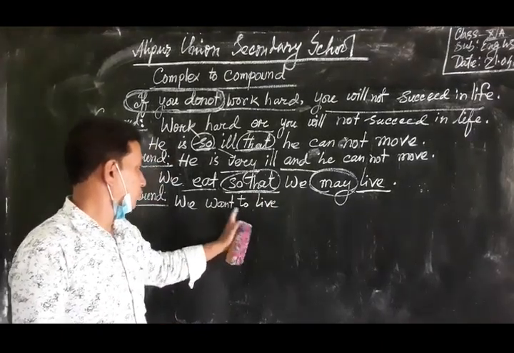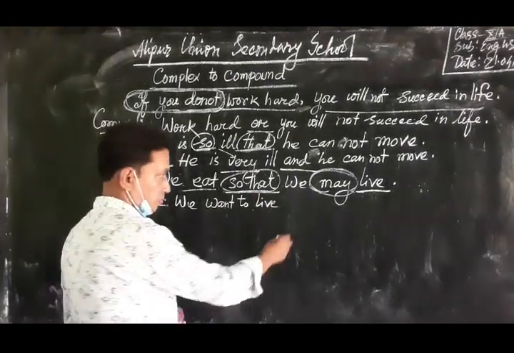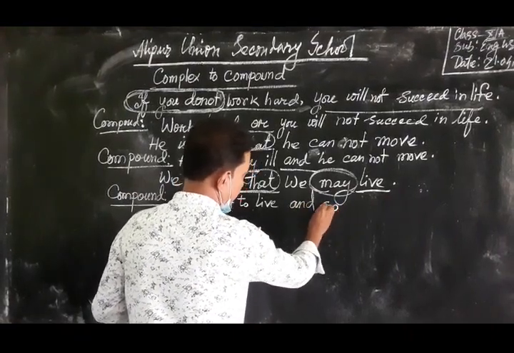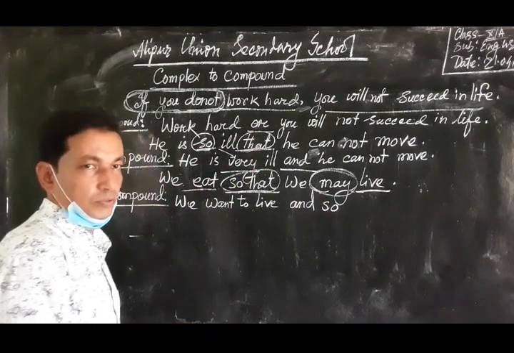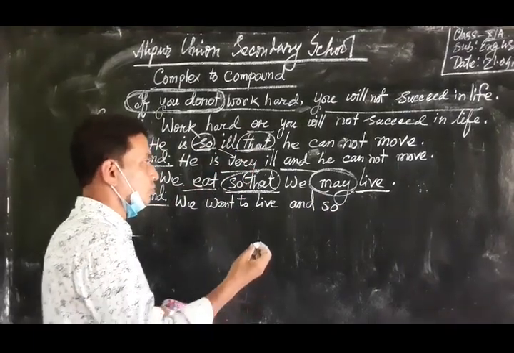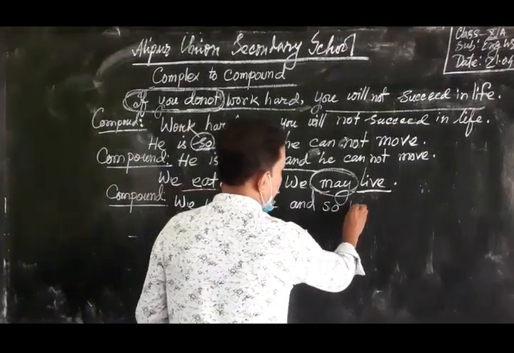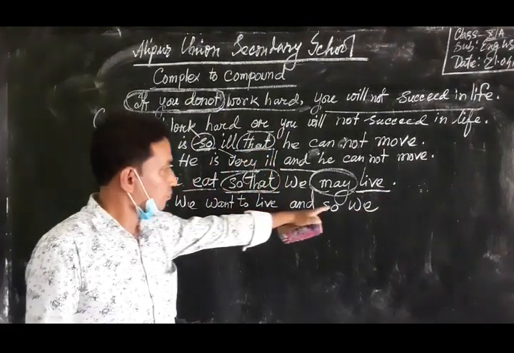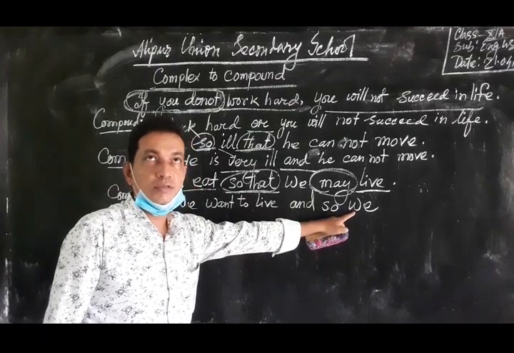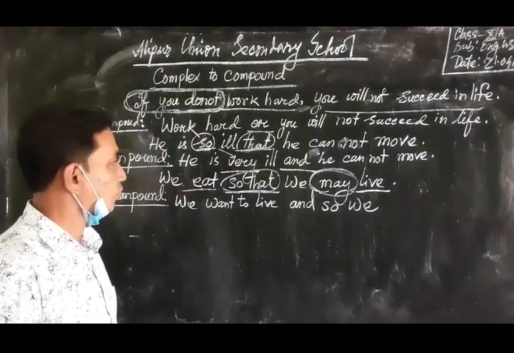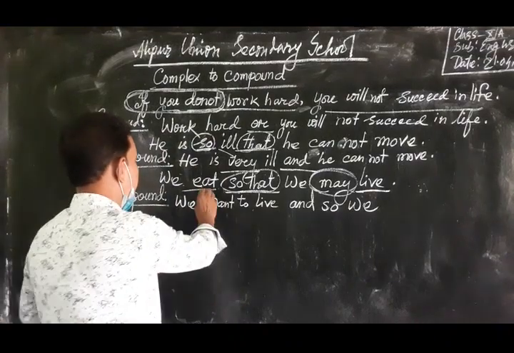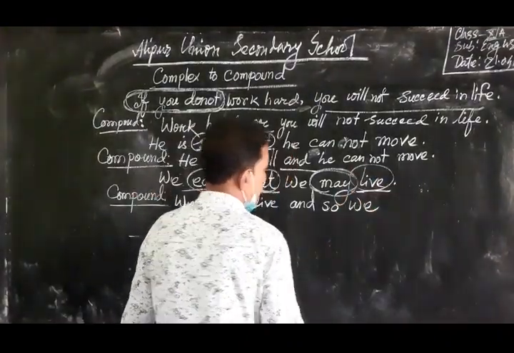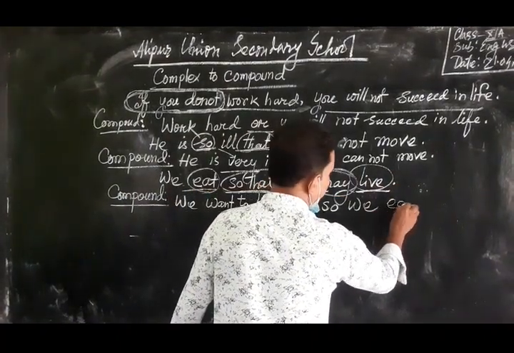We want to live, and so in the middle of the clause, and so. And then we have to use the subject again. We also be used, and then we must use the first verb. First verb is eat, and second verb is live. So we may write here eat.